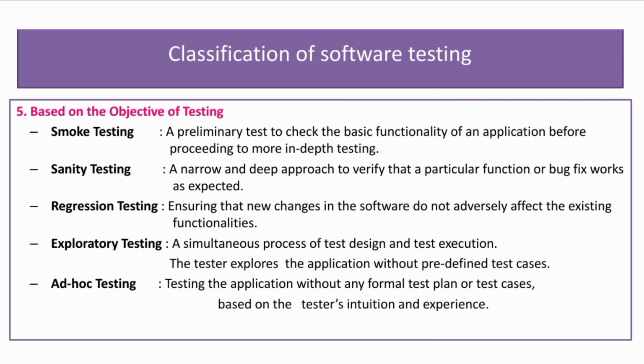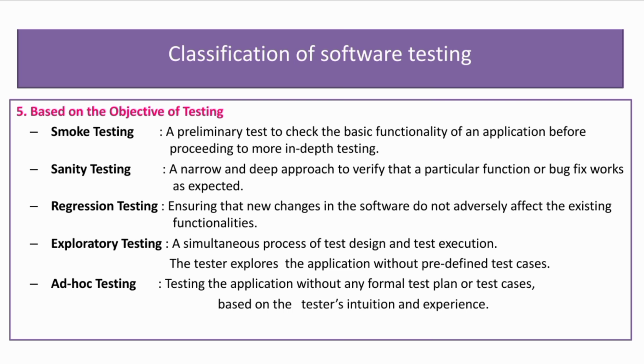That type of testing is called smoke testing. It can be applied at any level, maybe a beginning level like unit testing, or final level or intermediate level. So before going to in-depth testing, whether it is suitable for in-depth testing or not, that we consider. The type of testing is called smoke testing.